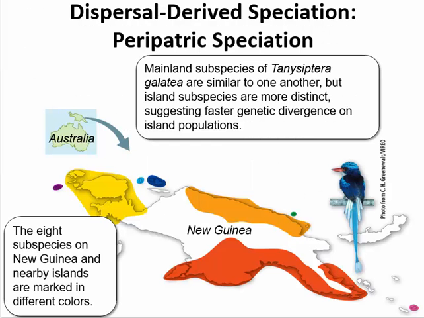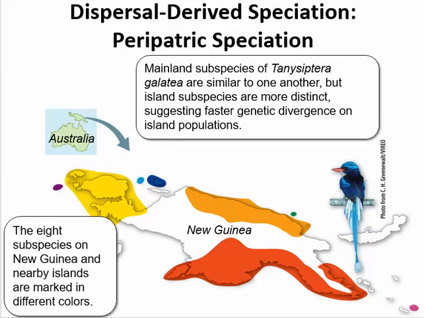So thinking back again to biogeography, another way that you can have isolation would be through dispersal. So here's an example of what's called peripatric speciation. Peri kind of means around or near.